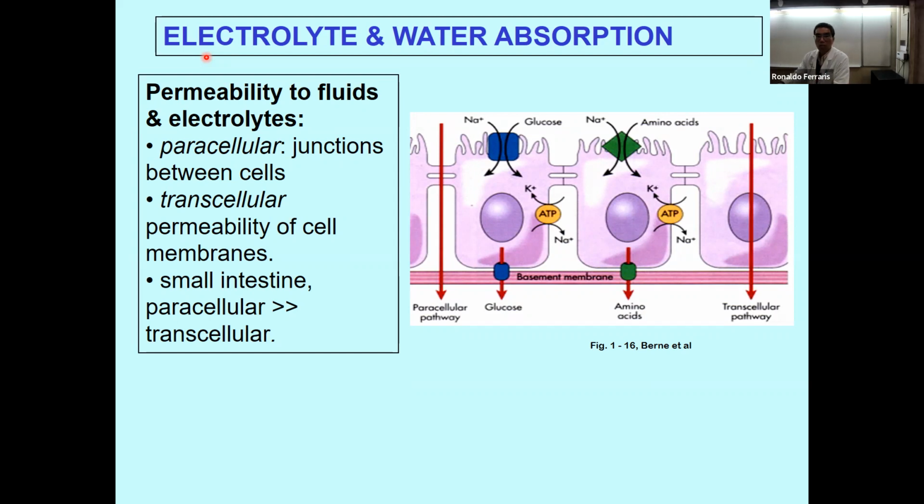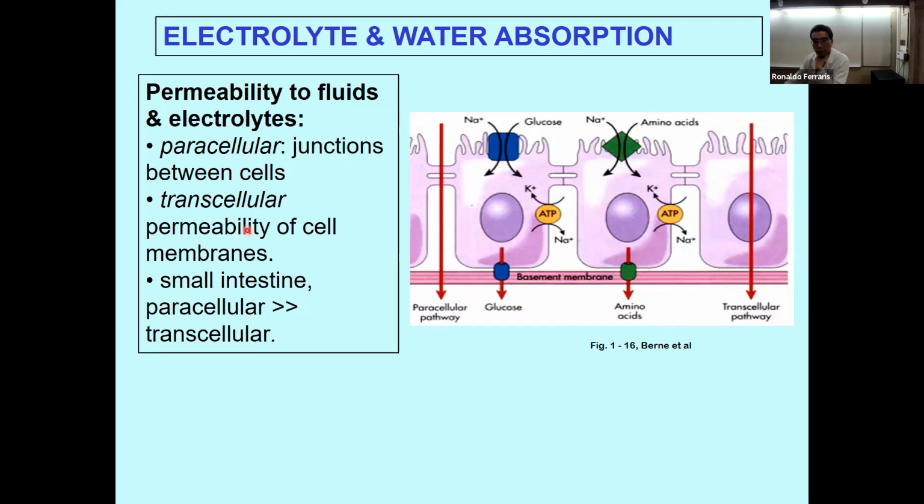So this is your intestinal mucosal layer. This is the food side. This is the blood side. This is your paracellular pathway. And this is the pathway for fluids and electrolytes to go from the lumen into the blood side.